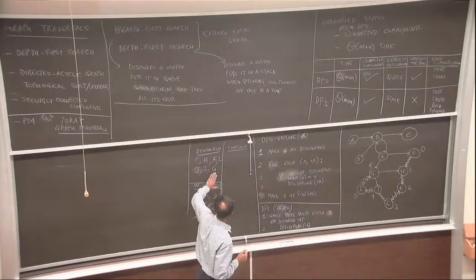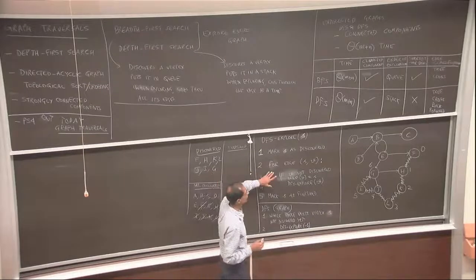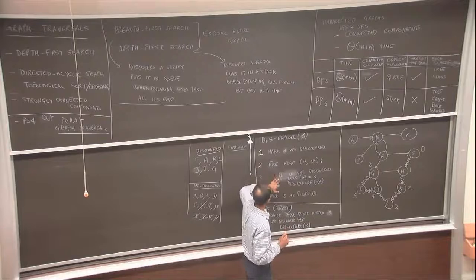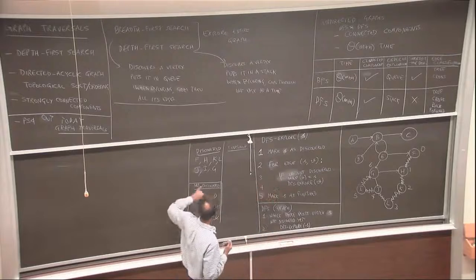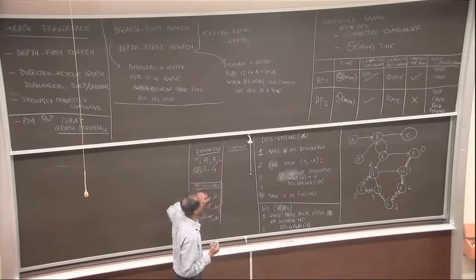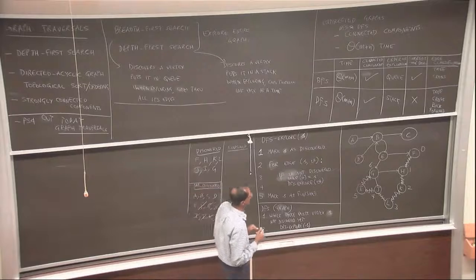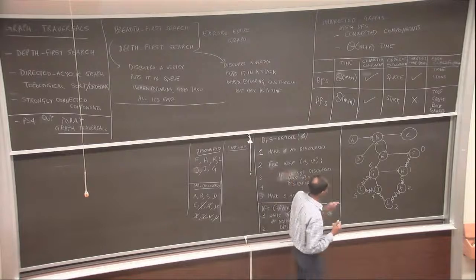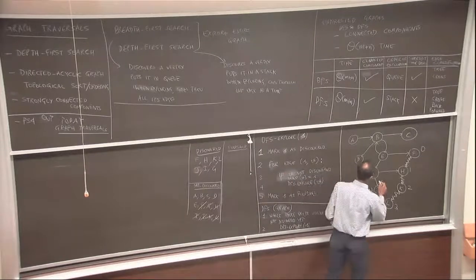Okay, so we mark G as discovered. Then we go through all the edges of G. How many edges does G have? 2. So the first edge is, let's pick J. Then we check, has J been discovered already? Aha, J has been discovered. So if we find that J has already been discovered, then we mark this edge differently.